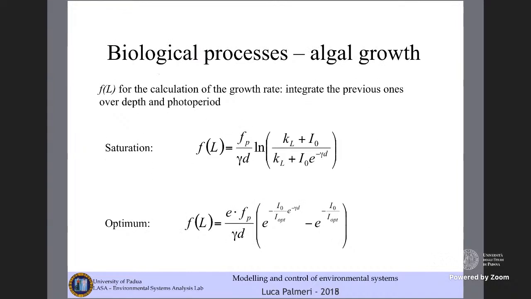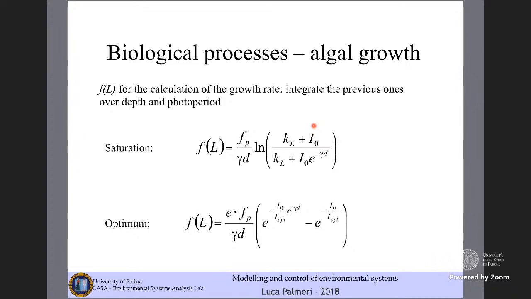So if you perform this integration, you obtain limiting functions in which you have parameters like the photoperiod, the depth, or the quantity of radiation reaching the surface of your system.